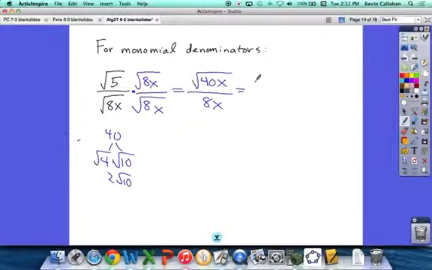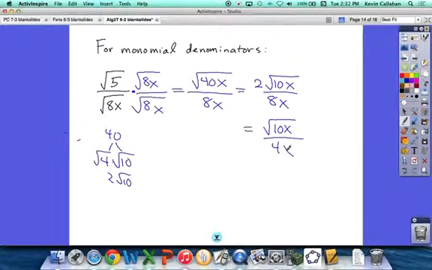So now this is 2 times the square root of 10x divided by 8x. Okay, now because there's a 2 outside the radical here, and that 8 is outside the radical, you can do some canceling there, right? 2 goes into 8 4 times. So that's the square root of 10x divided by 4x.